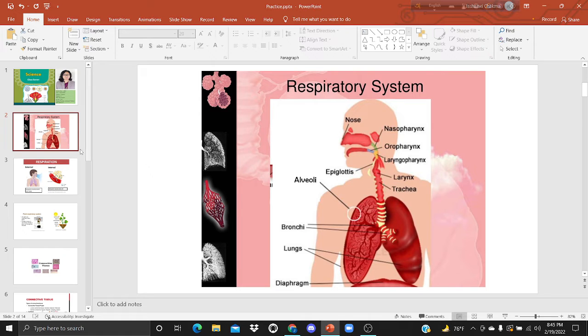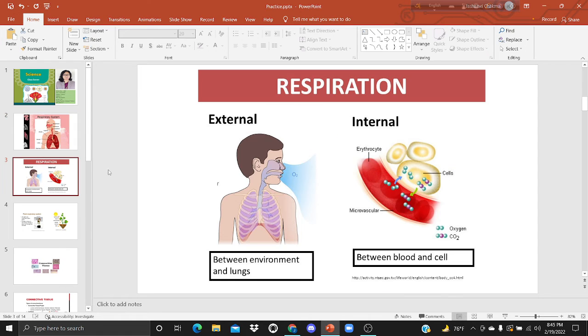Respiration is divided into two types: external respiration and internal respiration. Now we will discuss external respiration. The process where gaseous exchange occurs through the lungs is called external respiration.